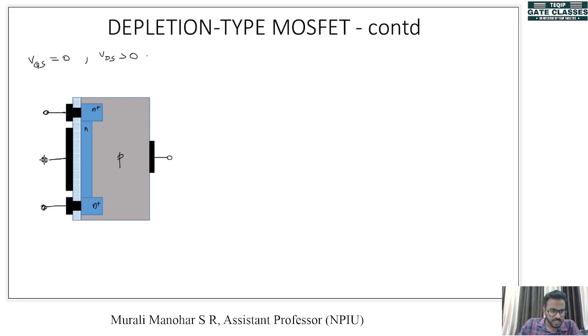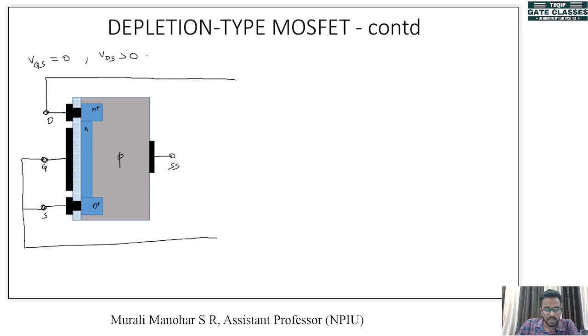So for VGS to be 0, we will connect gate and source. This is gate, this is source, and this is drain, this is substrate. And the substrate will be internally connected to the source. Now between drain and source, we will apply a positive supply. So we know that this N-type material is filled with free electrons.